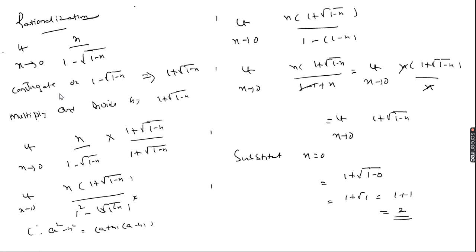In rationalization, we have to take the conjugate. The conjugate is nothing but, if we have a minus, then we put a plus. If we have a plus, then we put minus.